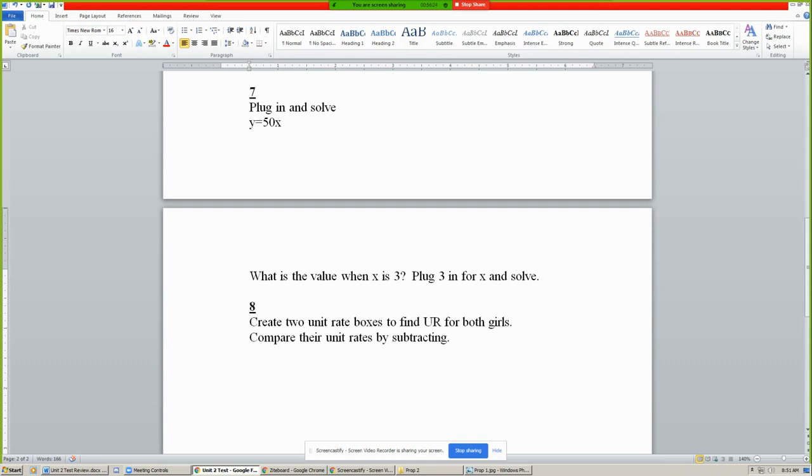The interesting thing is these problems are not numbered, 1, 2, 3, 4, 5, 6, 7, 8. So you're going to have to make a note of that. You might want to put Sarah and Amy, since the problems are not numbered on the Google form.